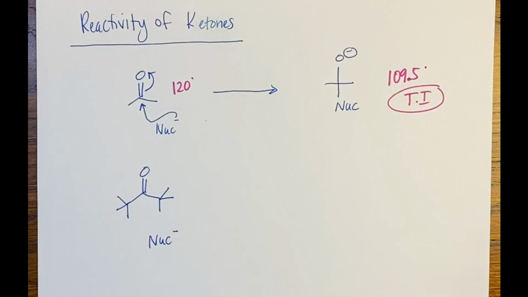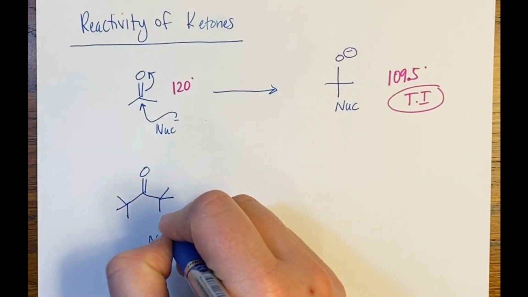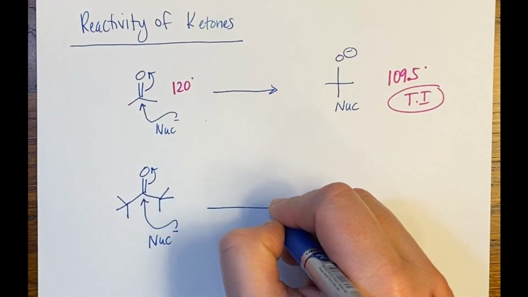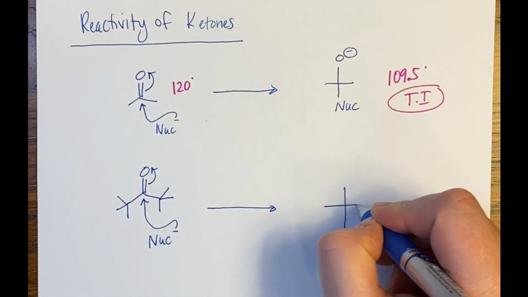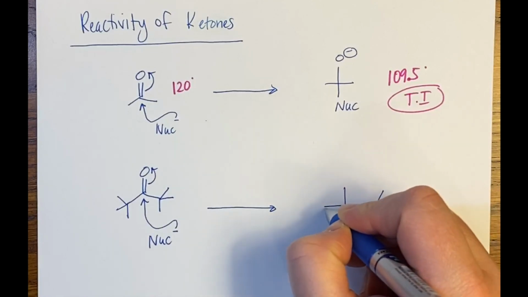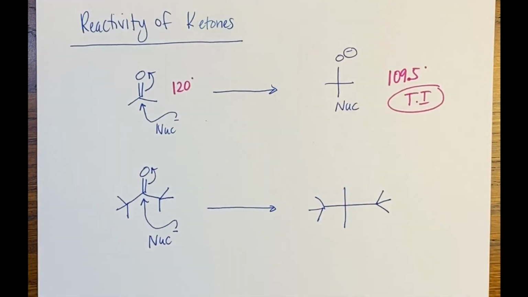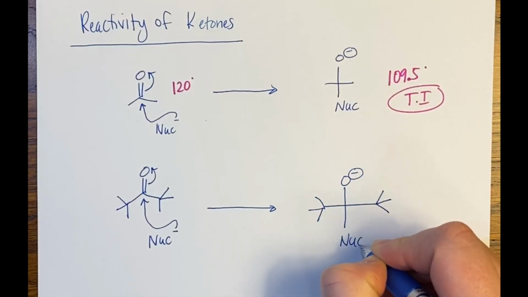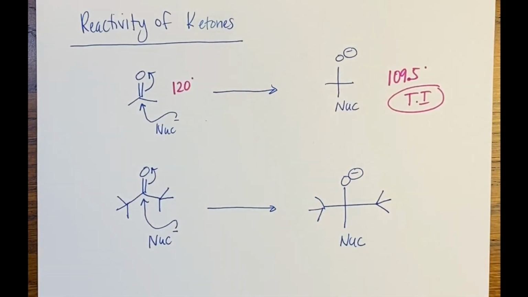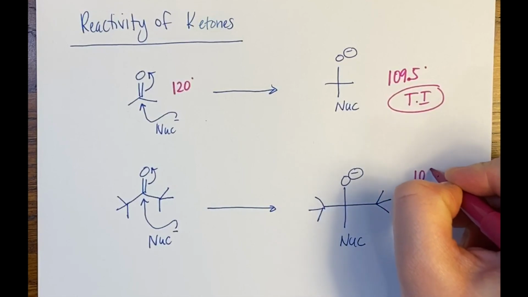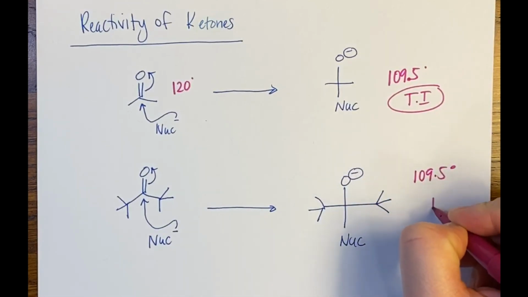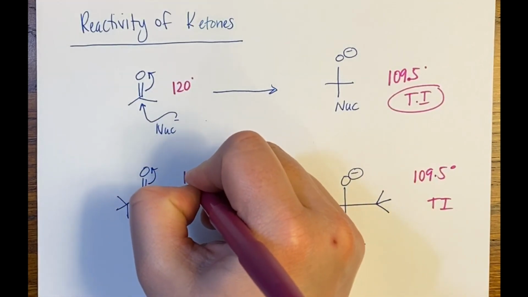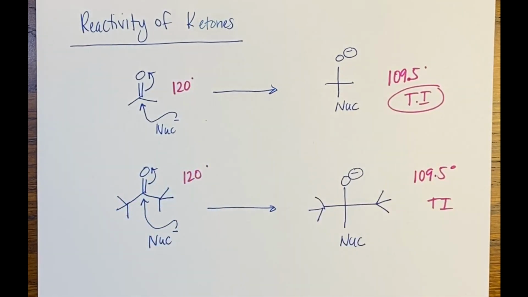But what we're going to see happen is that when this nucleophile attacks here, this ketone will react more slowly, because the tetrahedral intermediate that forms now has to put these big bulky tert-butyl groups closer together in three-dimensional space, again with bond angles of 109.5 degrees at the tetrahedral intermediate, and 120 degree bond angles to start.